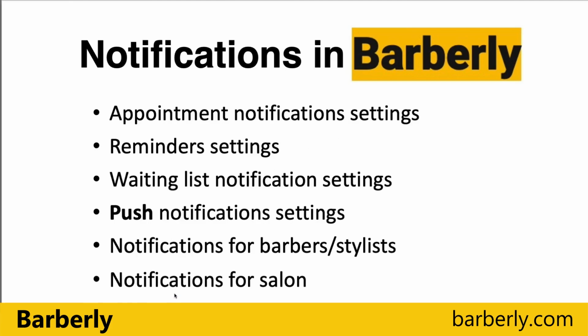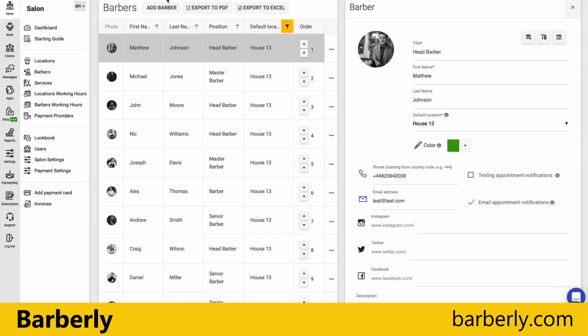And notifications for Salon. So there are some settings for Salon itself. If you are an independent barber, it's probably the same for you, like here or as a salon. But if you are a salon with several or more barbers, you also need to configure settings for Salon.